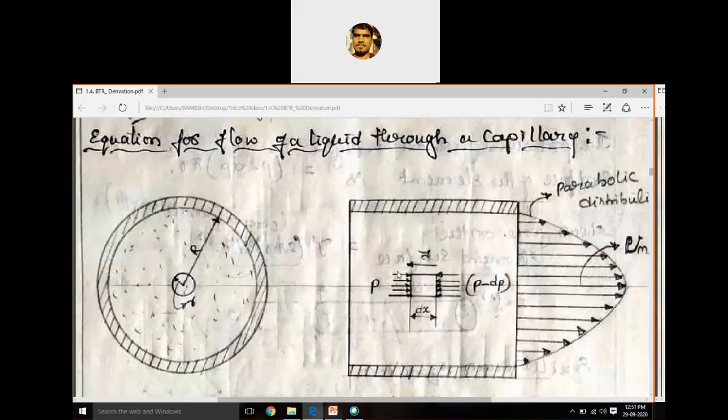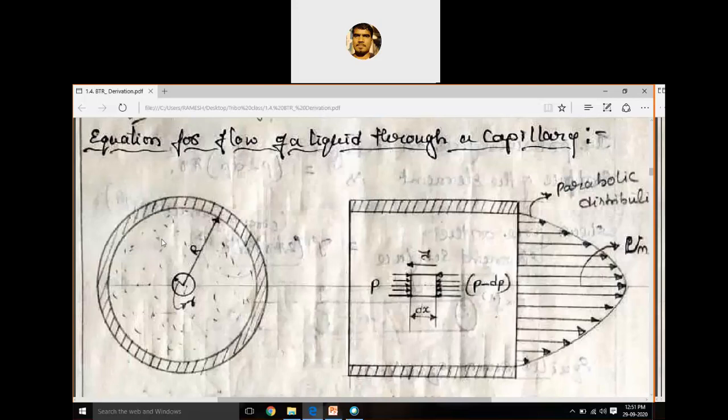Some of the other assumptions in the derivation are that the flow is steady and laminar. It is an incompressible fluid and completely fills the bore of the capillary tube.